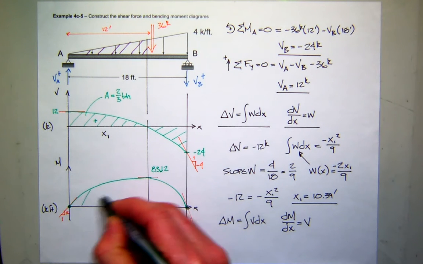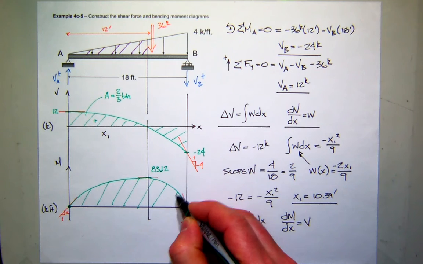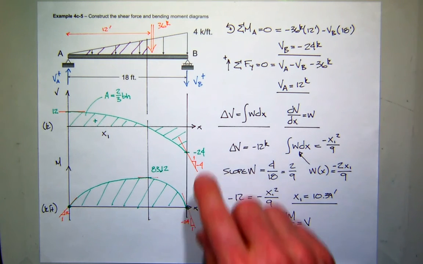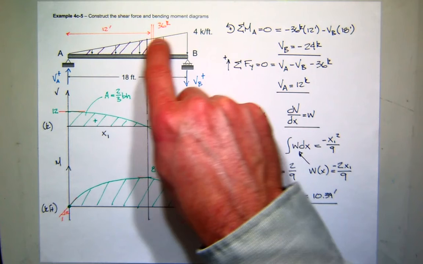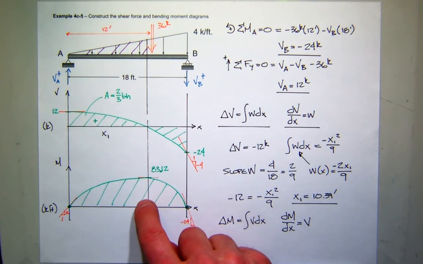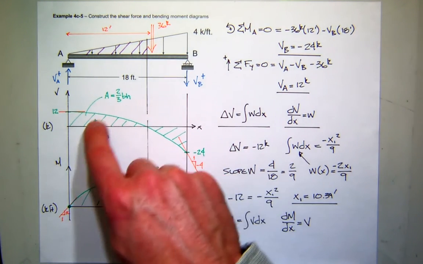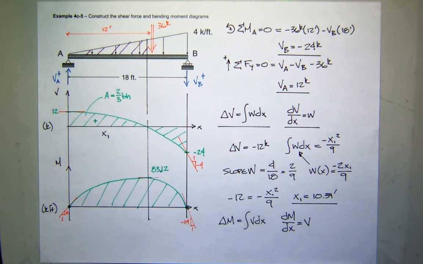So, like with all techniques, there are advantages and disadvantages. So I wanted to show you this one to make you aware that when you have linear loadings like this, or these triangular shaped loadings, it can get a little tricky when you try to use just geometry to find your moment diagram.